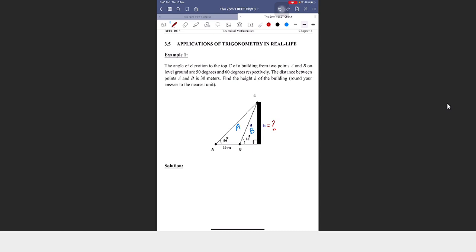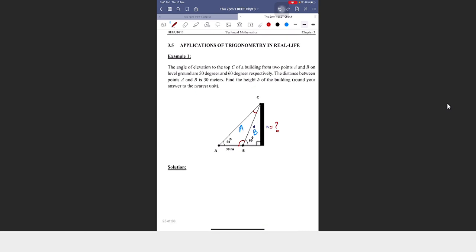If I want to find angle C, if only I know this angle B here, then I can find C, isn't it? And the fact that we are given this 60 degrees, we can definitely find this. How do you find that? You just need to subtract 180 degrees by 60, then you get 120 degrees.